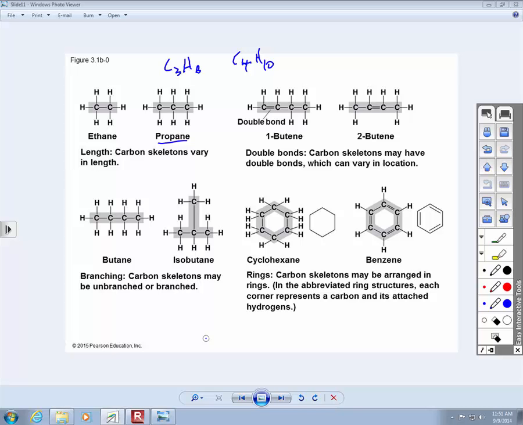Okay. If you put a double bond in it, now remember, carbon always has to have 4 bonds. So there are 2, 3, 4. There are 2, 3, 4. Has to have 4 bonds. This one is 2, 3, 4. This one is 1, 2, 3, 4. Hydrogen only has 1 bond. It only has 1 electron, so it's only going to have 1 bond. Here's an isobutane.